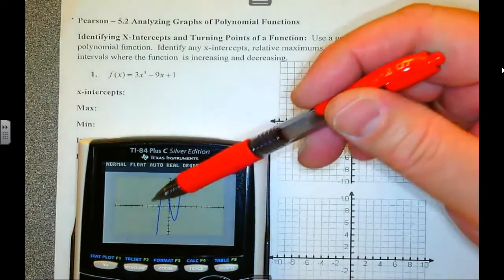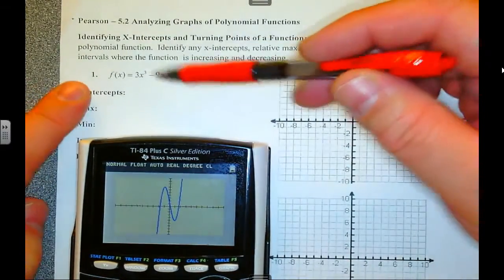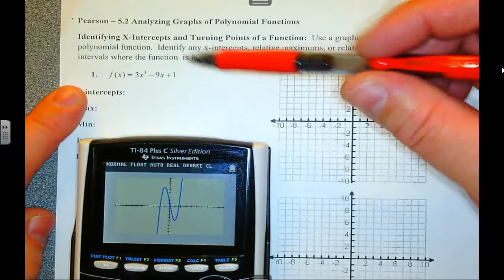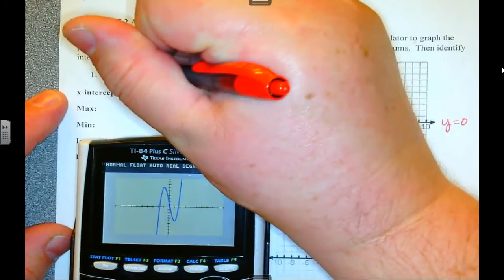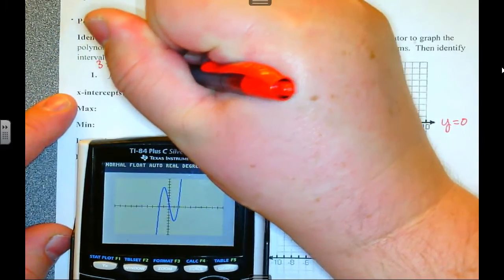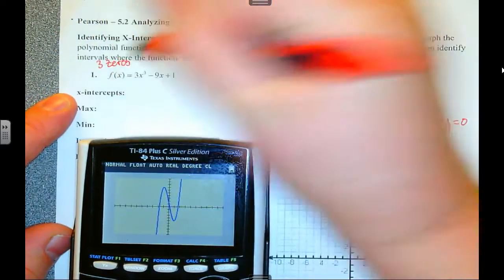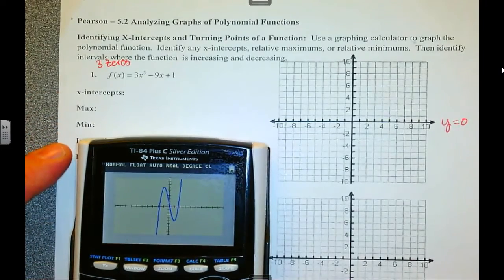According to the fundamental theorem of algebra, I have 3 zeros. They could be imaginary, but these look to be real because they're crossing the x-axis, right?